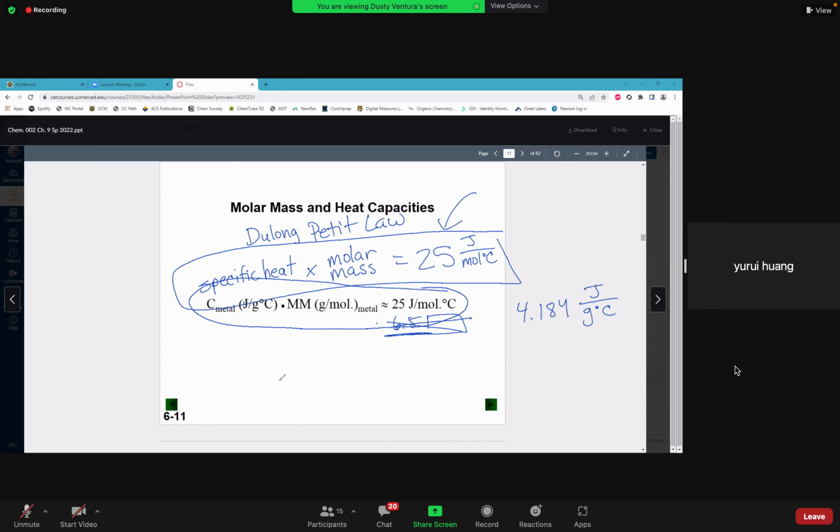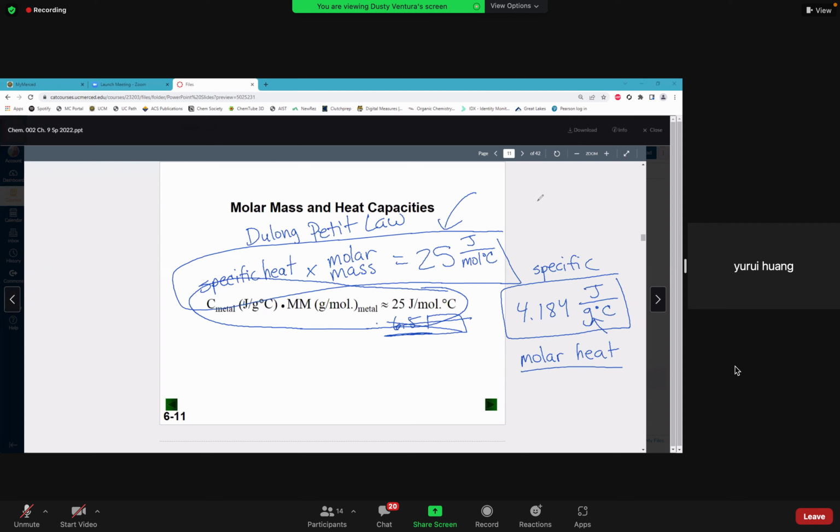If you change it to joule per mole, we have to do some conversion, so something like 41.84. Yep. So this is the specific heat capacity. If you were asked for molar heat capacity, you want to have the mole down there.